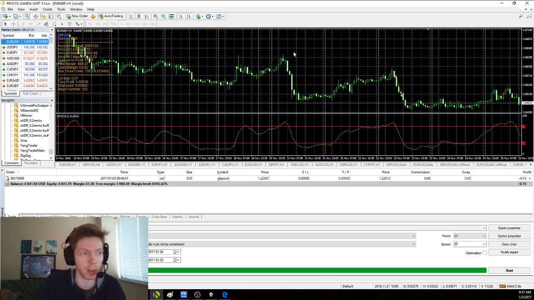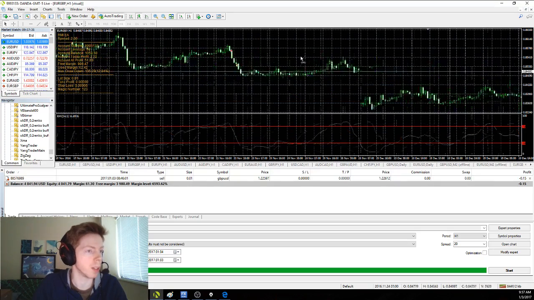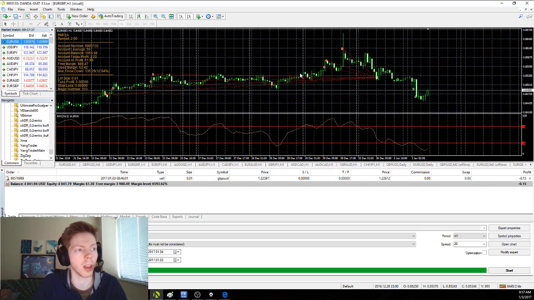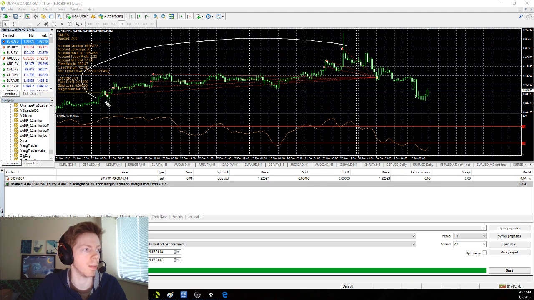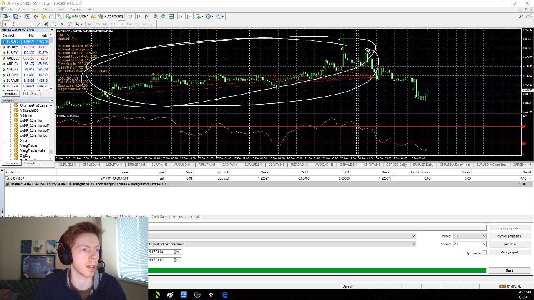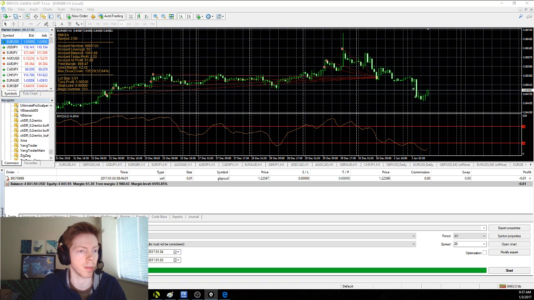Now I'll give you that, but they do show you overall pretty close to what you'd be seeing in live performance. As you can see, this in particular is just about right on in the backtest, and that's not even in an every tick test. That's in control points, so that's not even very accurate at all. But it shows you the overall positions of what would be coming in.